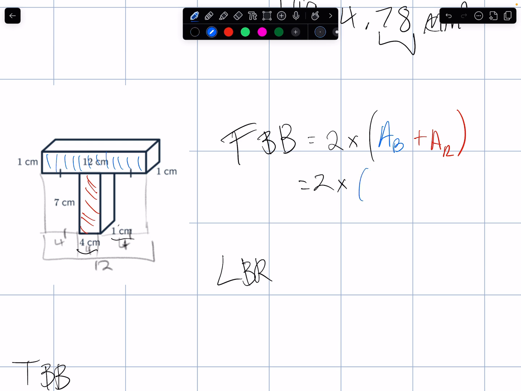So we can say length times width, plus length times width, because they are areas of a rectangle, which is equal to 2 times length times width of the blue, which is 12 times 1, plus 4 times 7.